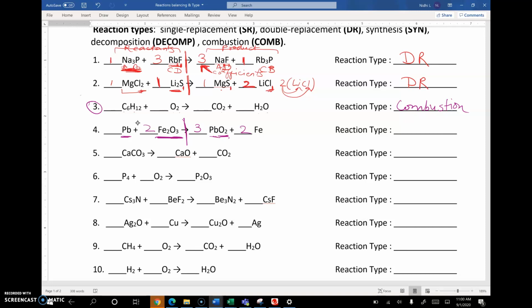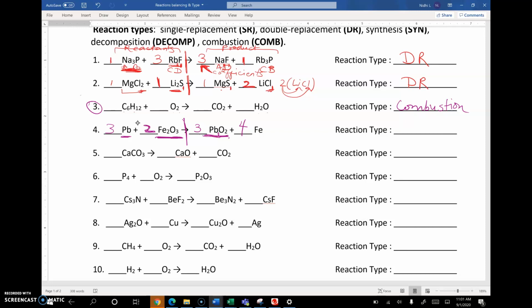Now look what happened. When I put this 2 here, this made my iron 4. 2 times 2 is 4, which means I need to fix this right here. So let's go ahead and fix that. 4. Okay. Now, how many leads do we have in the product side? We have 3. 1 times 3 is 3. Let's go ahead and put a 3 here.